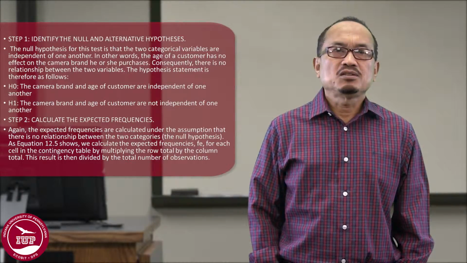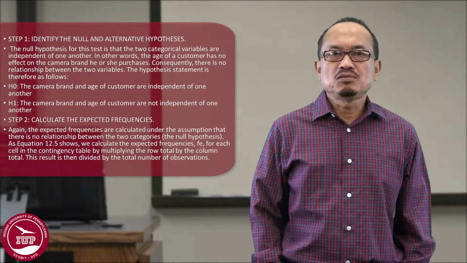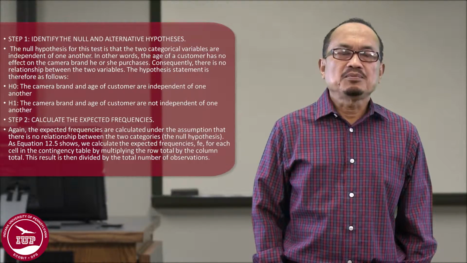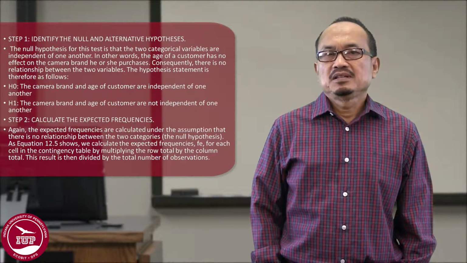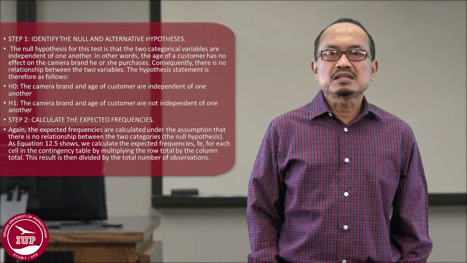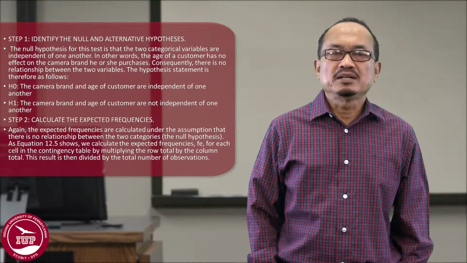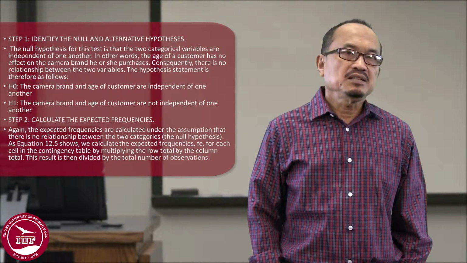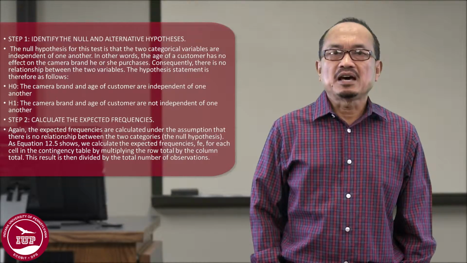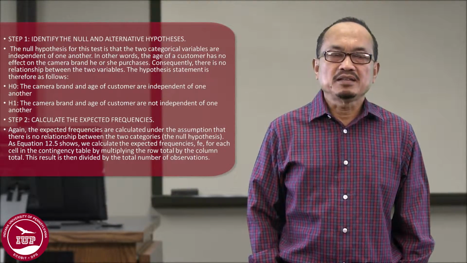Consequently, there is no relationship between the two variables. The hypothesis statement is therefore as follows. Null hypothesis: the camera brand and age of customer are independent of one another. Alternative hypothesis: the camera brand and age of customer are not independent of one another.